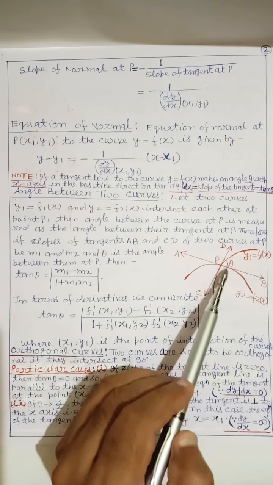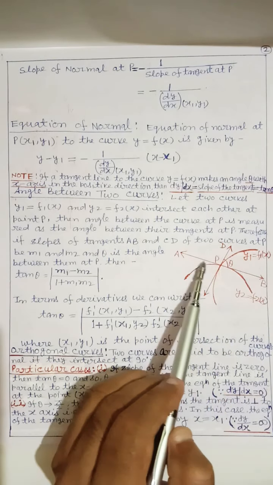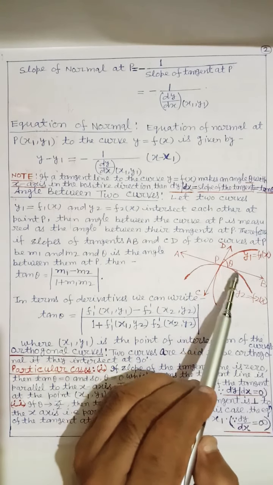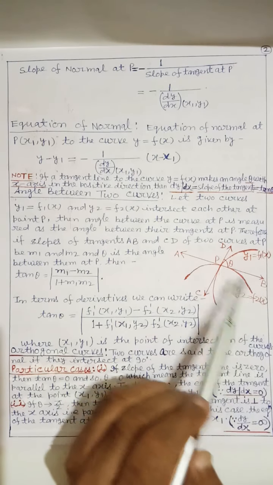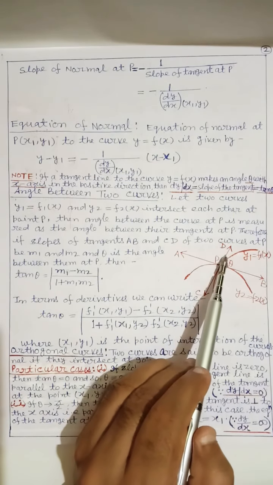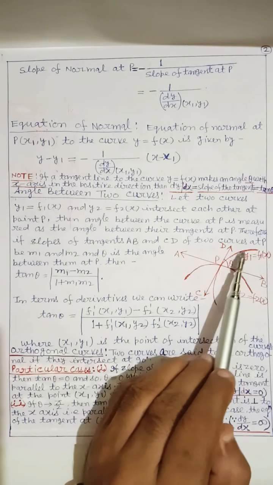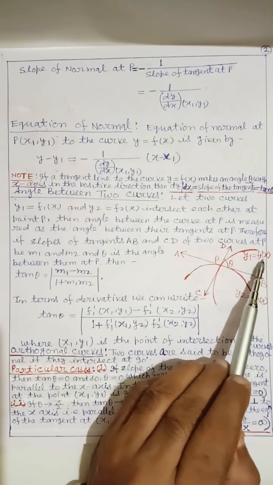Here AB is the tangent to the curve y equal to f2(x), and CD is the tangent to the curve y1 equal to f1(x).